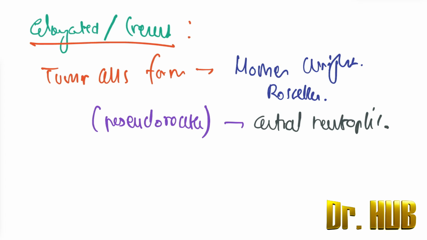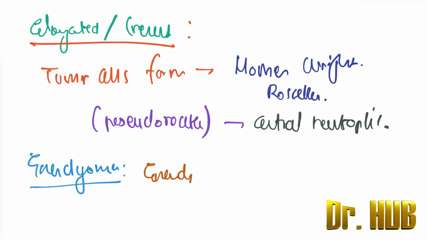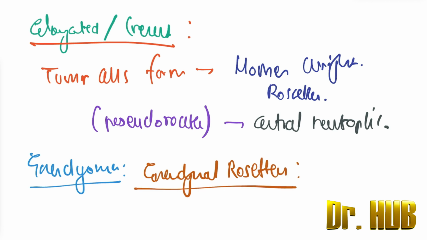Then we move on to the ependymoma. In ependymoma, ependymal rosettes are present. They are gland-like, elongated structures.